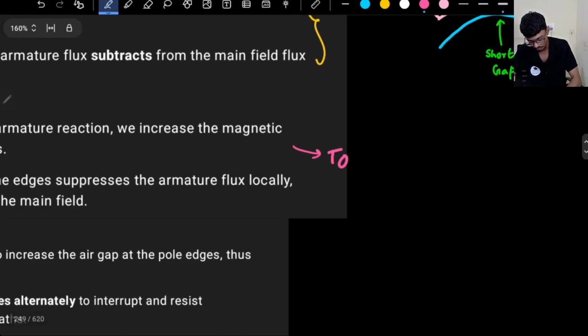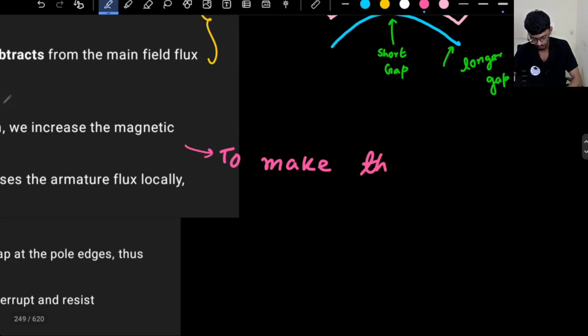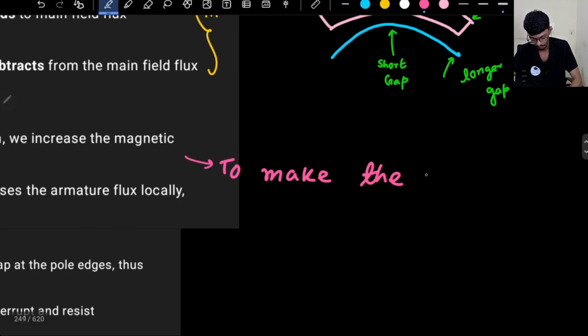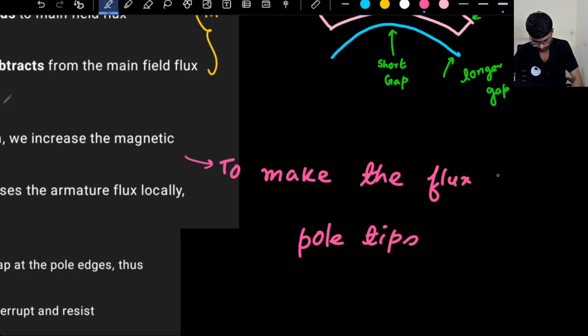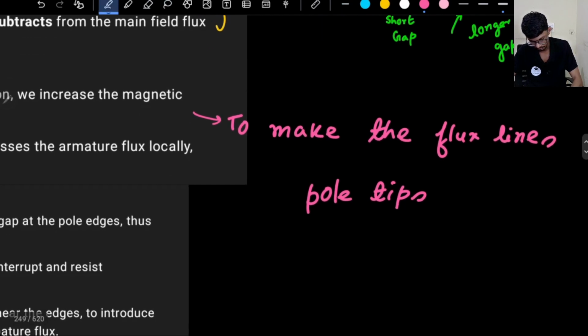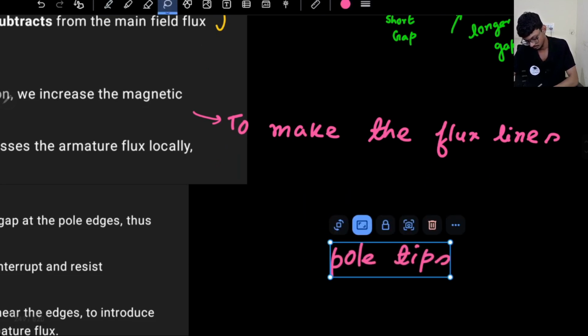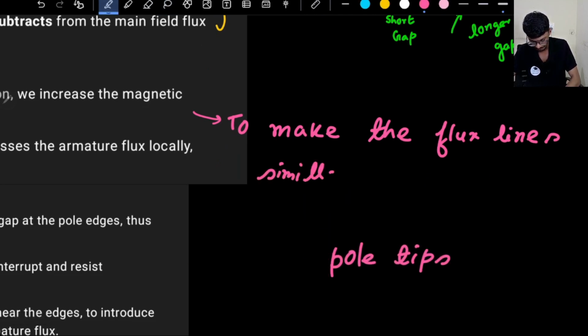To make the flux lines similar on both the pole tips.